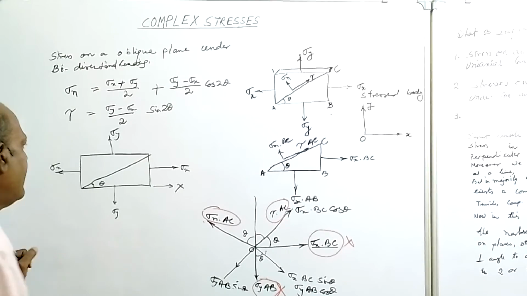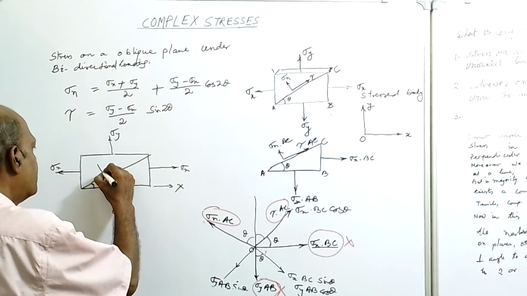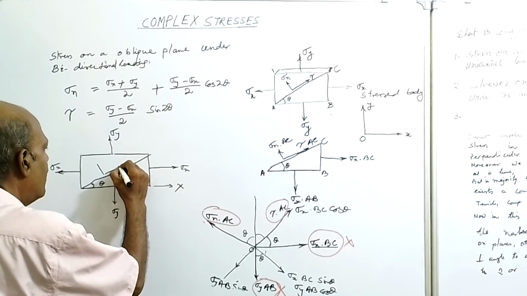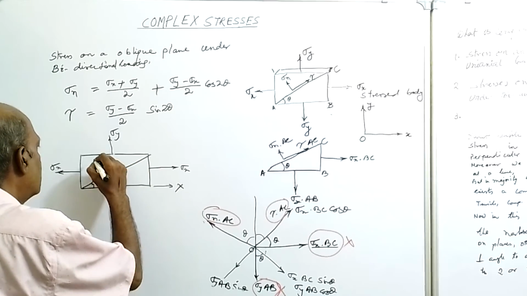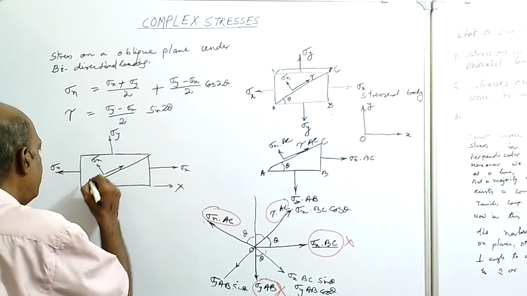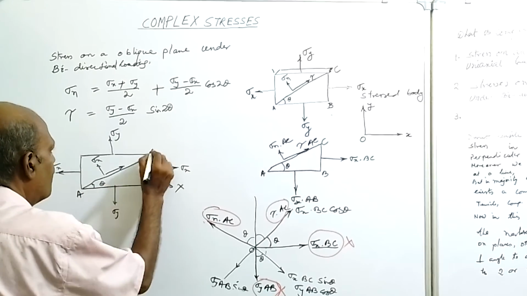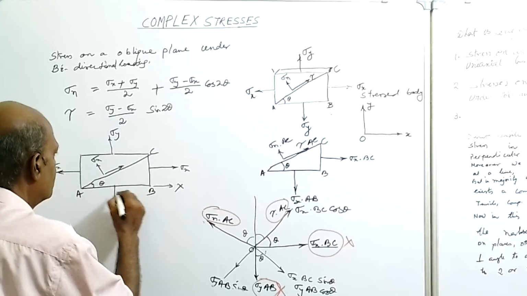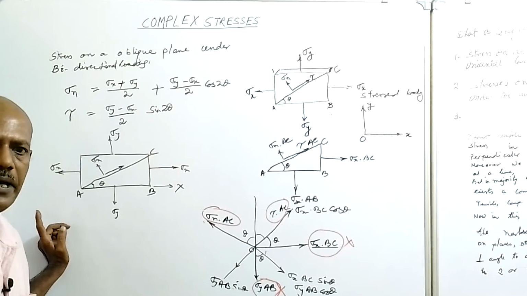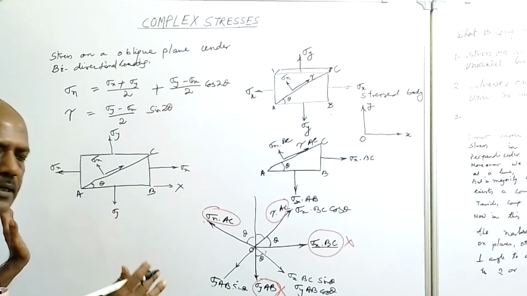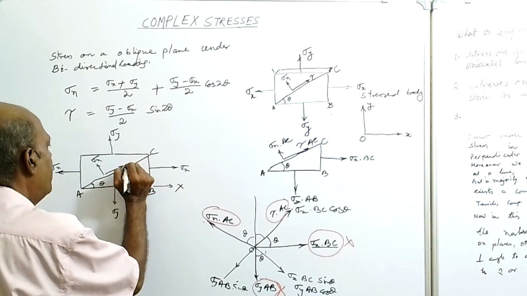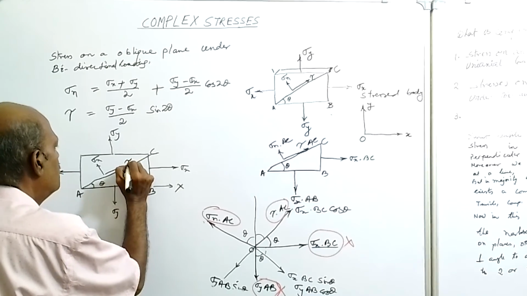So on that inclined plane, what is the sigma n and tau developed? The normal stress on plane AC is sigma n, and the tangential stress developed on plane AC is tau.